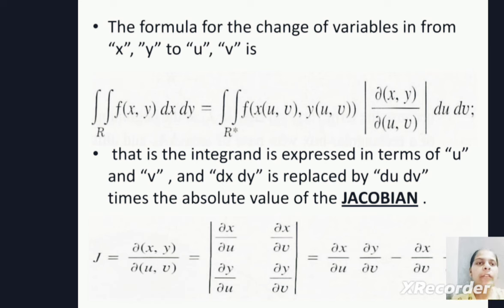The formula for the change of variables from xy to uv is: double integral over R of f of x comma y dx dy equals double integral over R star of f of x of u comma v, y of u comma v, times del of x comma y divided by del of u comma v, du dv. That is, the integrand is expressed in terms of u and v, and dx dy is replaced by du dv times the absolute value of the Jacobian.